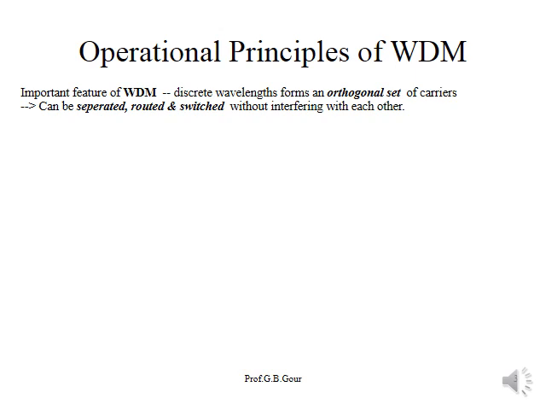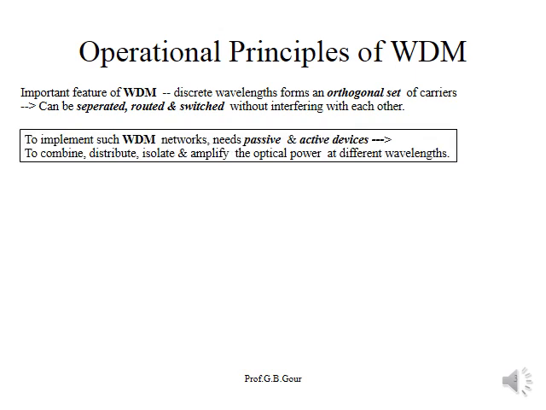Next, let us see the operating principles of WDM. Operating principle means how we can implement wavelength division multiplexing from an instrumentation point of view. Its main functions are like this.